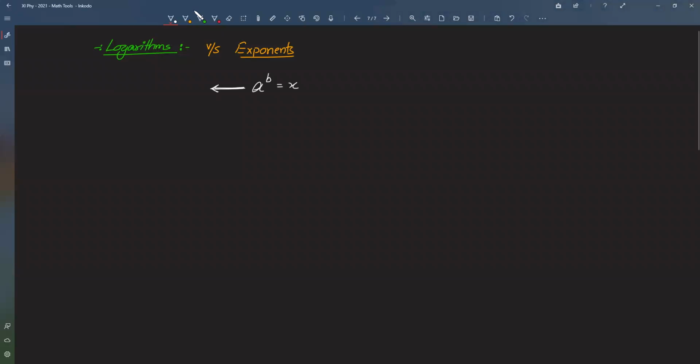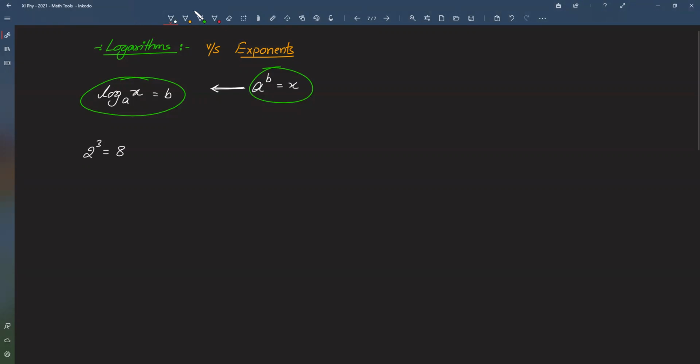And what is that? We say that log x to the base a is equal to b, right? This is what log is, and this is how they are related. What does that mean? Let's say if I say 2 to the power 3 is equal to 8.